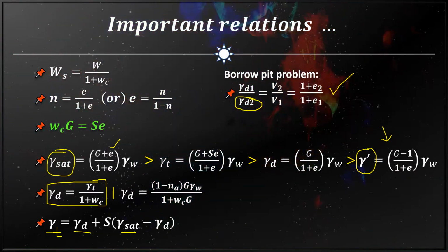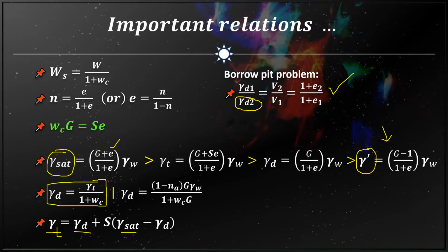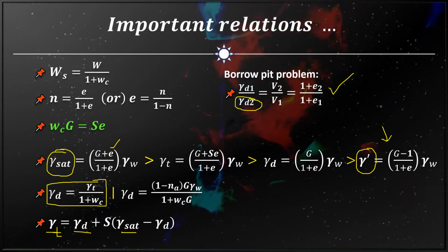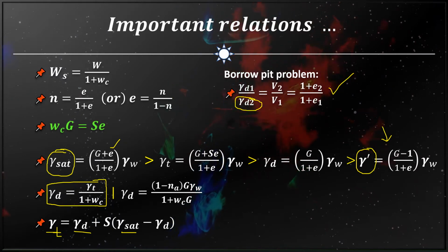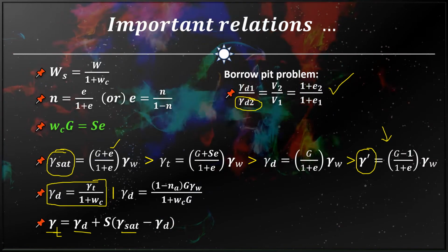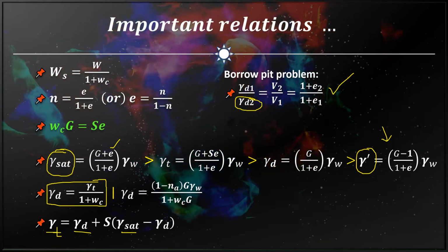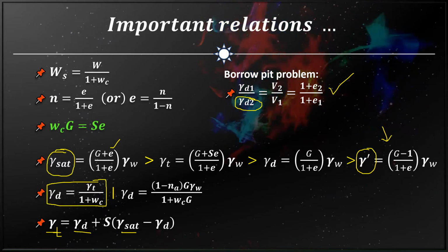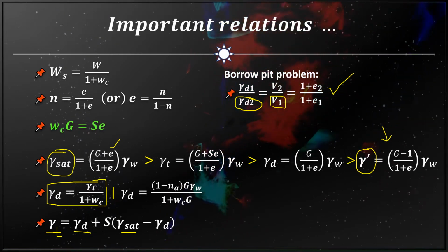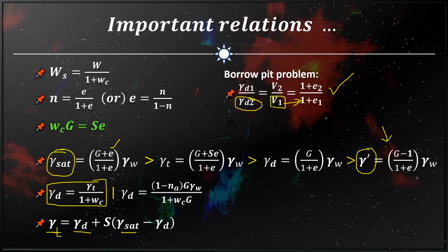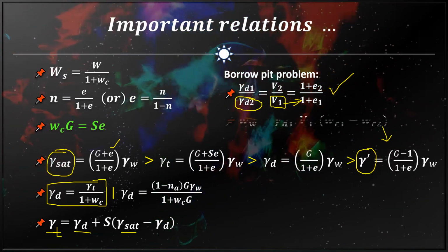So gamma D1 is borrow pit, gamma D2 is for embankment, and likewise V1 is volume of soil taken from borrow pit, and V2 is the volume of fill in embankment, and e2 and e1 correspondingly. So what it means is density is inversely related to volume, and volume is directly related to void ratio. And this is an important relation regarding the borrow pit problem.